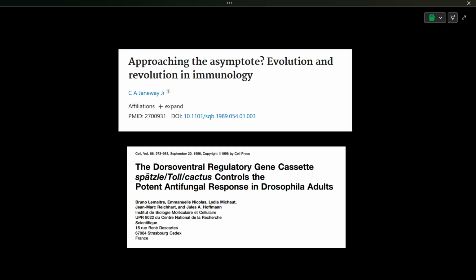So it is characterized by a non-specific way of working, but over time, due to the theoretical framework given by Charles Janeway in 1989, we got a new idea of innate immunity. It's not exactly non-specific, but it has a broad specificity.